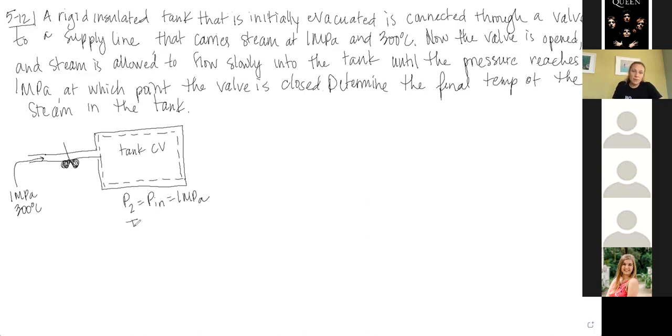And the temperature coming in the supply line is 300 degrees Celsius. We know the tank is rigid, so there's not going to be boundary work, there's no piston, there's nothing happening there. So what are some assumptions? Use the chat. What are some assumptions that we can make to set up this problem?